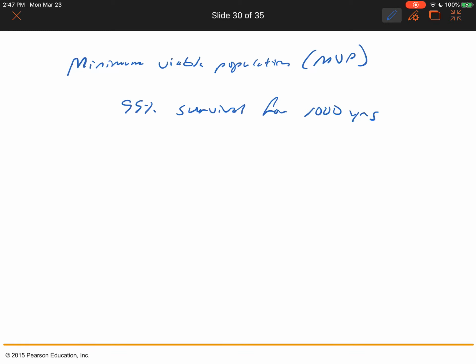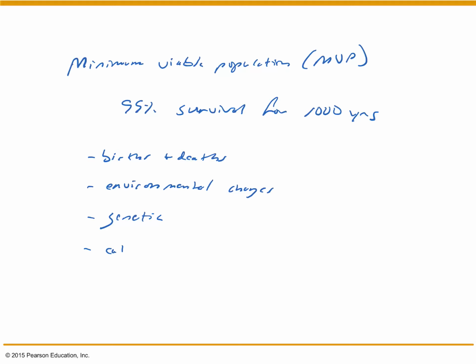So the number has to be large enough to withstand chance variations in various things. So chance variation in what? Well, births and deaths. We have chance variation in environment, so environmental changes, in other words, that can be random. We have genetic drift as a source of chance variation, which we talked about, and we have catastrophic events such as floods, hurricanes, volcanic eruptions, whatever.